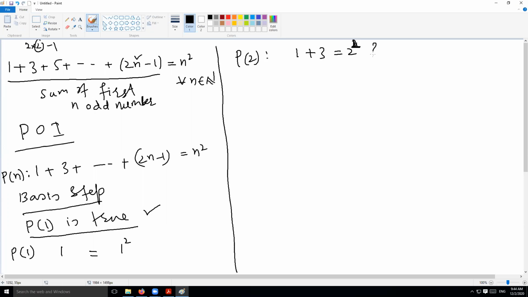So 1 plus 3, and I know that 3 can be written as 2 times 2 minus 1. So this is my n. If I square this n, that is 2 square, then these two things are equal. So this shows that P of 2 is also true. So P of 1 is true, P of 2 is true. So the basis step is true.